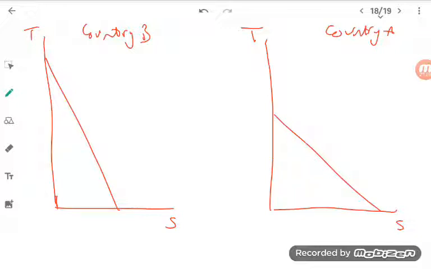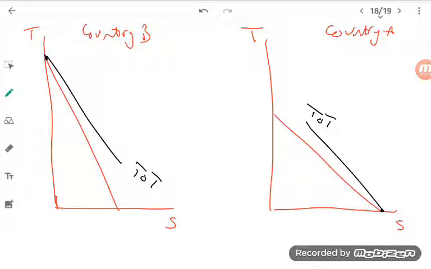Instead of the autarky price, there is a TOT which is higher than the autarky price of the country that will specialize in the production of the product. For country A, this is TOT. For country B, this is TOT. We are going to move to a higher indifference curve, be tangent to a higher indifference curve. This is the new indifference curve for country A, and this is the new indifference curve for country B.